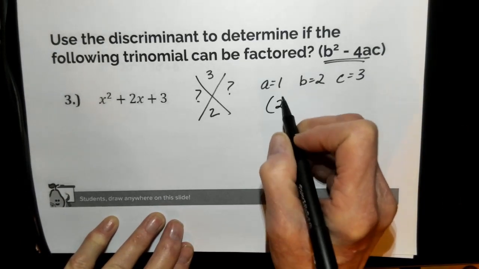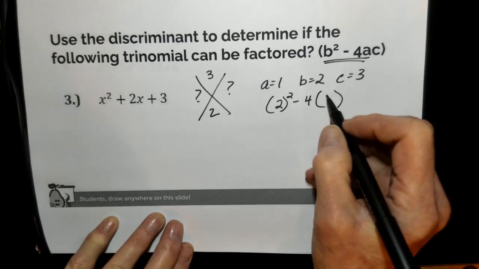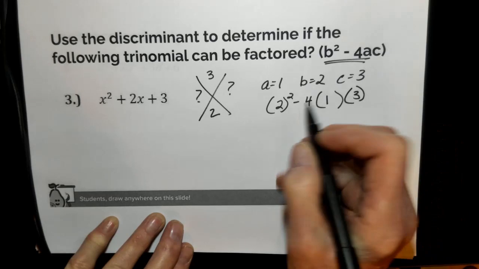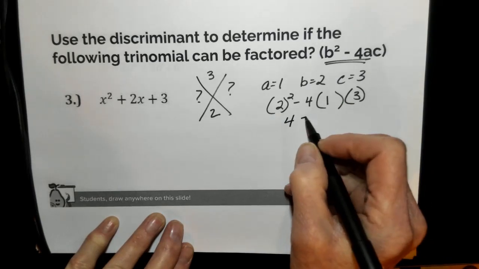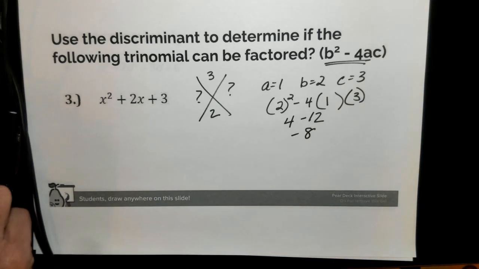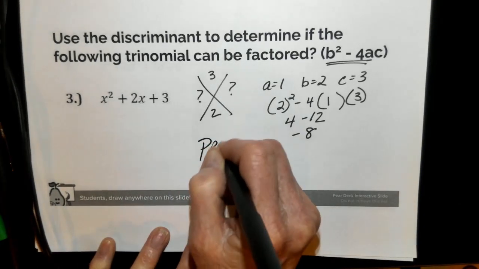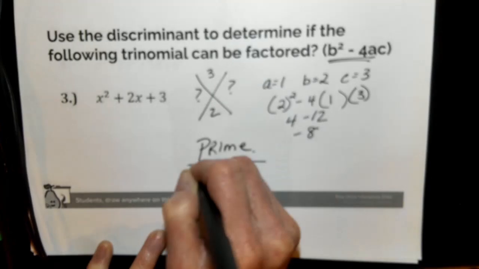So we do B squared minus 4 times A times C. This is 4 minus 12, negative 8. Negative 8 is not a perfect square, so we are done. Prime. We've just proven it's prime, okay? You have to prove it.